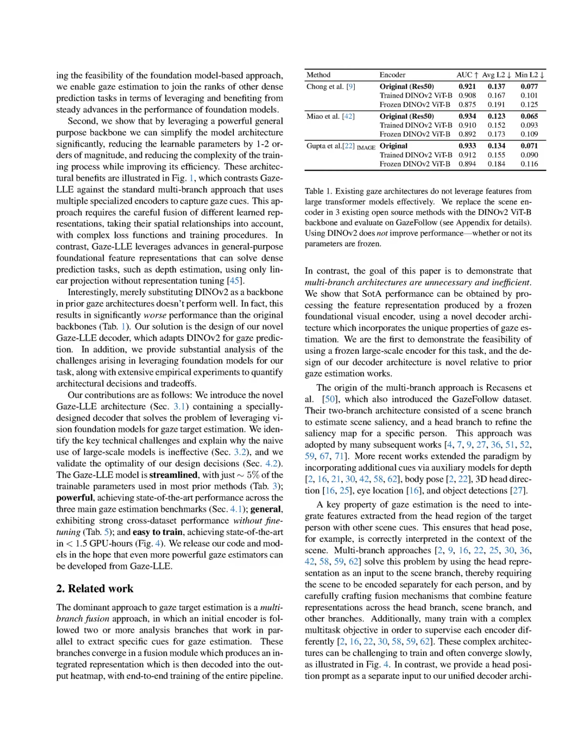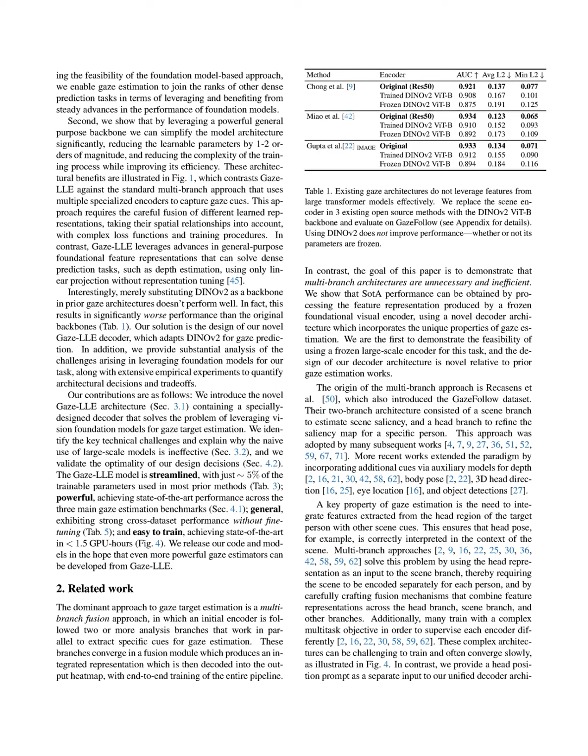Secondly, it achieves state-of-the-art performance across major gaze estimation benchmarks without the need for complex multitask objectives or fusion modules, demonstrating that a single frozen foundational encoder can effectively capture necessary gaze cues.